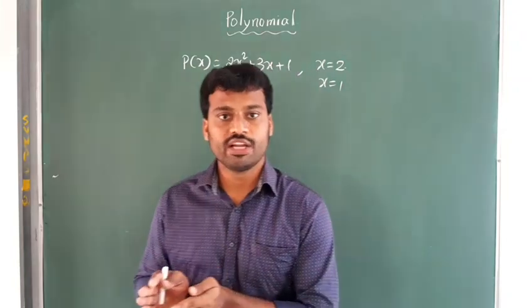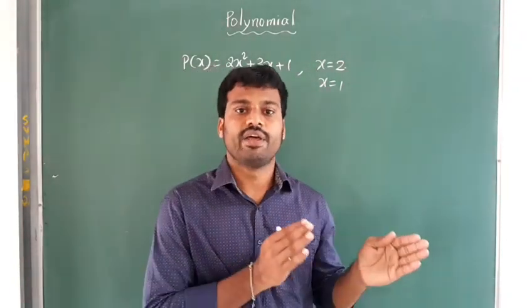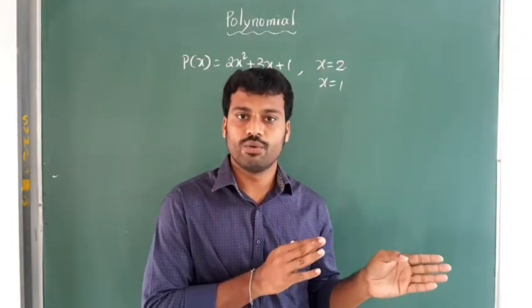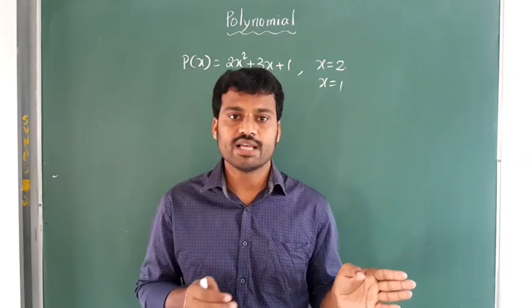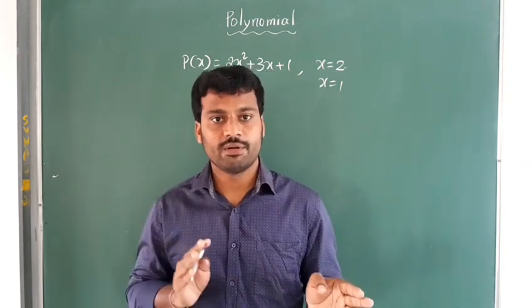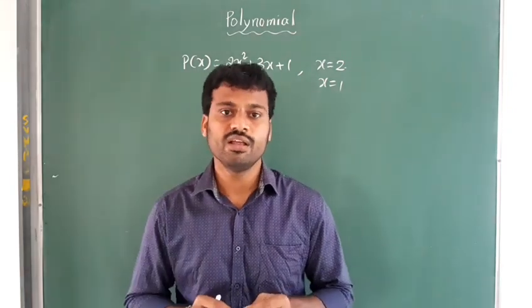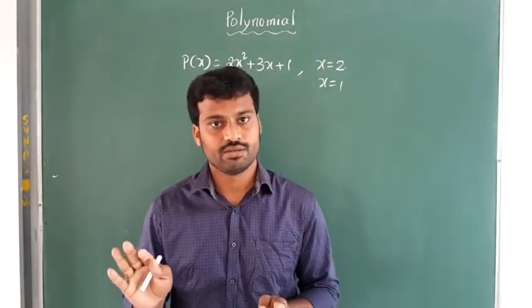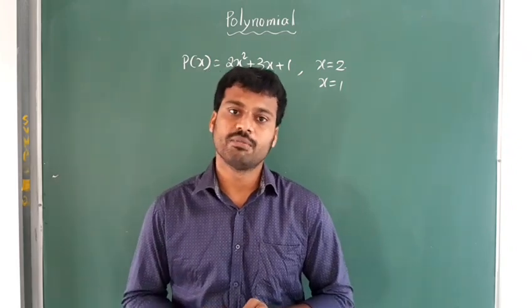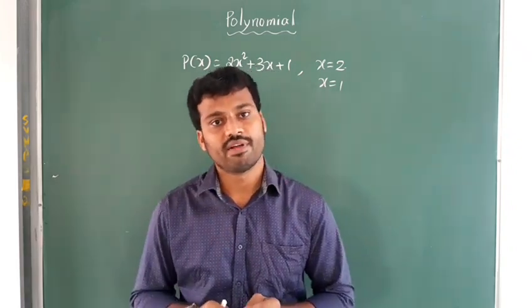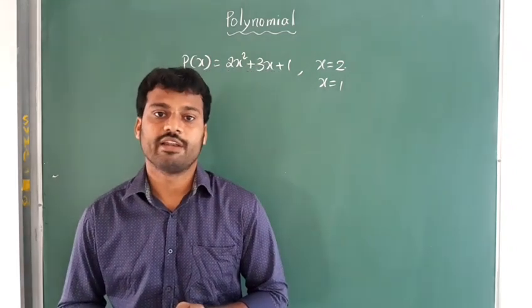If they ask you to find out the value of that polynomial, just take that variable value, substitute it in the polynomial and simplify. The final answer is the value of that polynomial for a particular value of the variable.